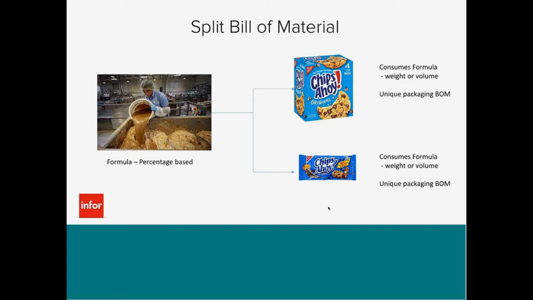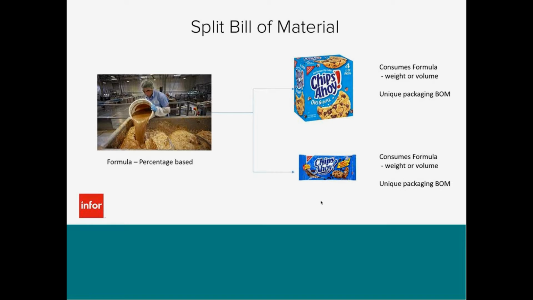And byproducts typically have either zero or a very small amount of cost allocated to them, and they may be used as an ingredient in another manufacturing process, or they might be disposed of. So with the idea of split bill of materials, a formula can create multiple co-products and multiple byproducts out of one batch. So that's the idea of a split bill of material. If you understand split bill of material, you'll understand how process manufacturing is radically different than discrete manufacturing.